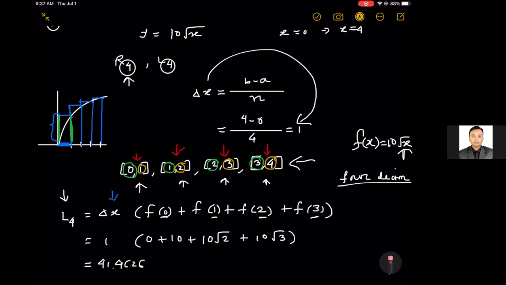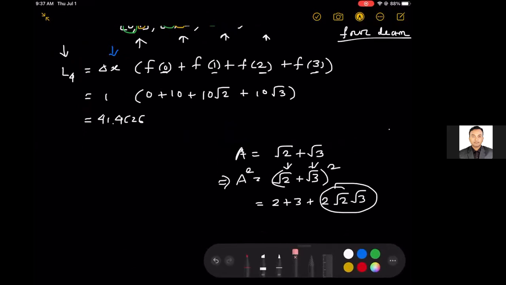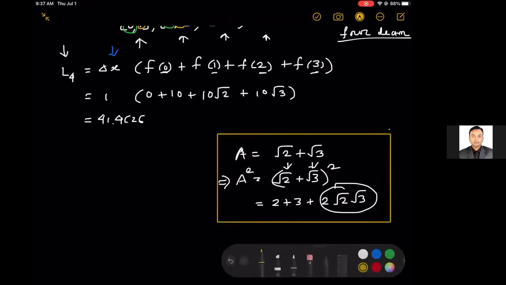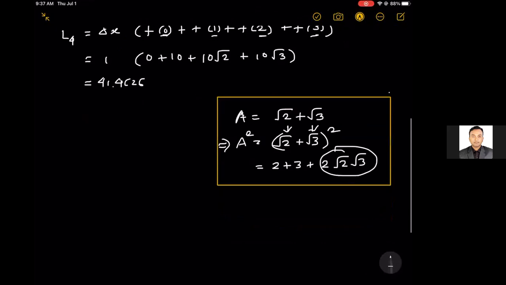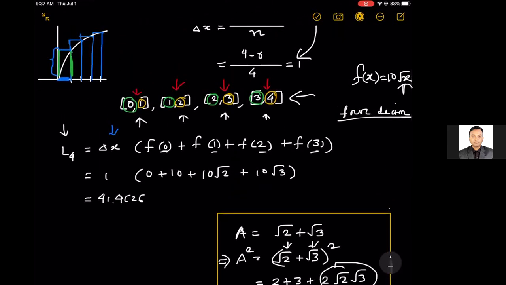All right, so if you don't have any question, we can do the right Riemann sum now. Let's do the right Riemann sum. Okay, so R4, the right Riemann sum, del x. Now again, can anyone tell me the formula?